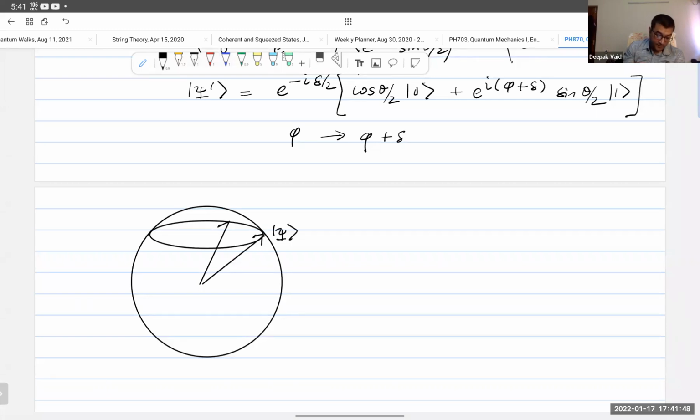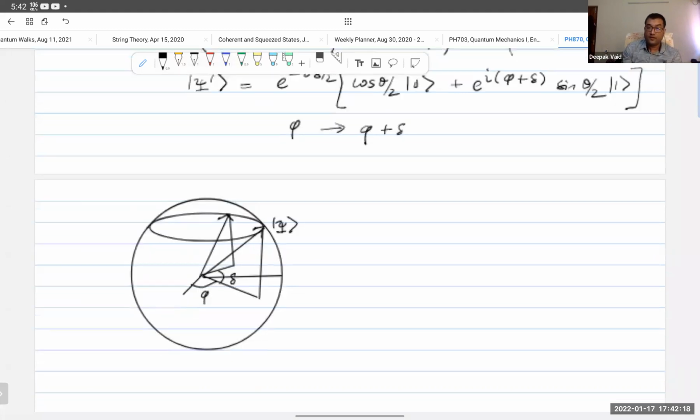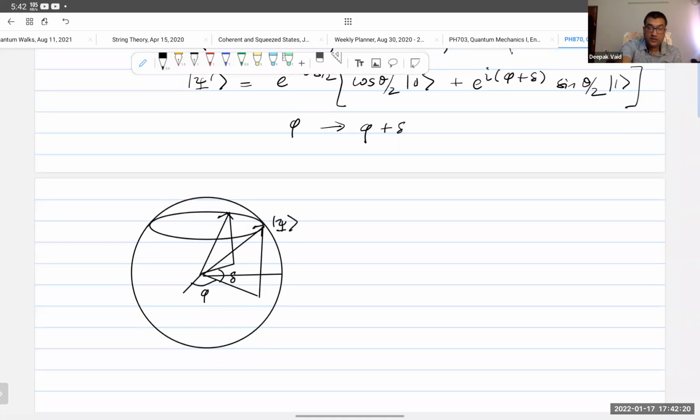So if I draw it like this, if the initial state was at an angle phi, then the final state is at an angle phi plus delta. That is the effect of this gate.